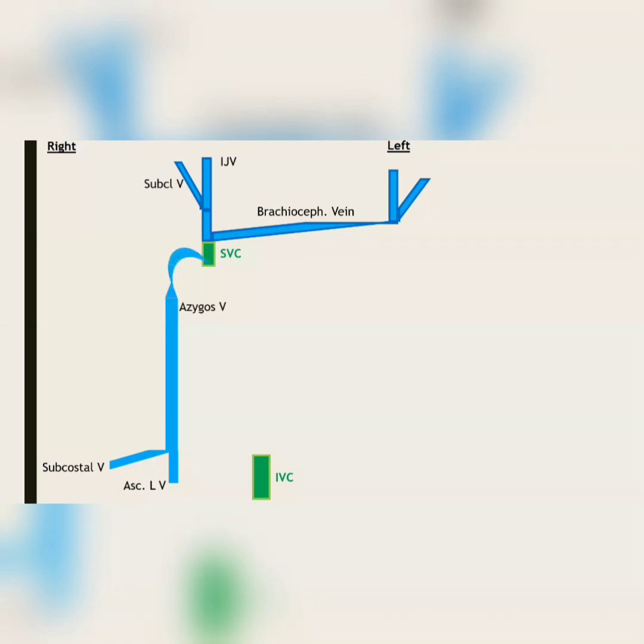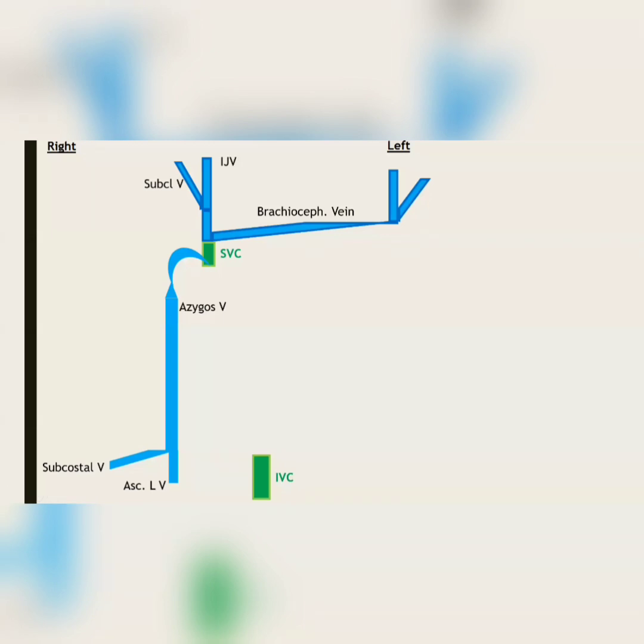Now you should all remember that at the level of T4, the azygos vein forms the arch of azygos vein, which will finally drain into the superior vena cava. So please remember that the level where the arch is formed is at the level of T4. Okay, so far you have the basic skeleton of the diagram on the right side.